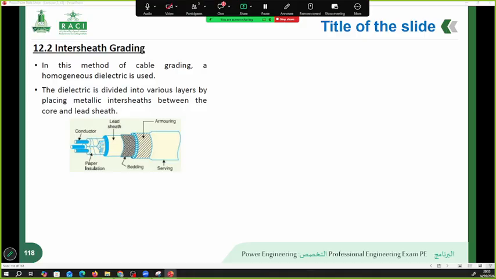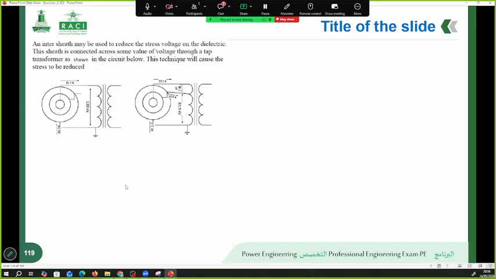Okay. This slide describes intersheath grading, a method of cable grading. So unlike capacitance grading, this method uses a single type of insulating material throughout the cable, meaning the dielectric is homogeneous. So how does it work? This picture depicts a cable cross section connected to a transformer.